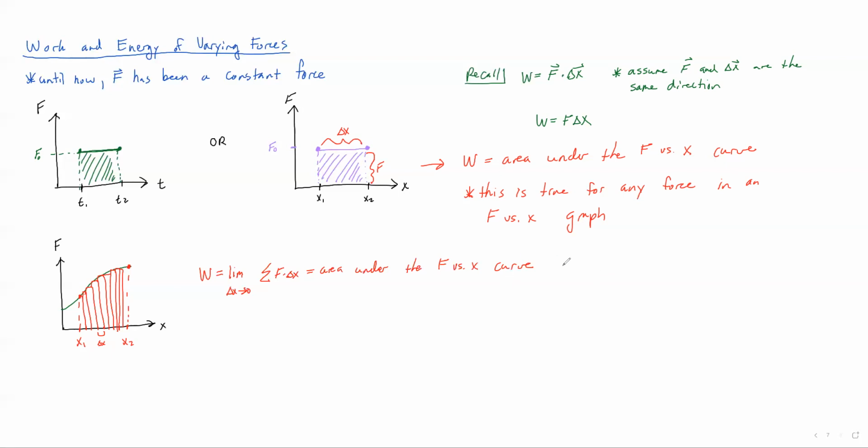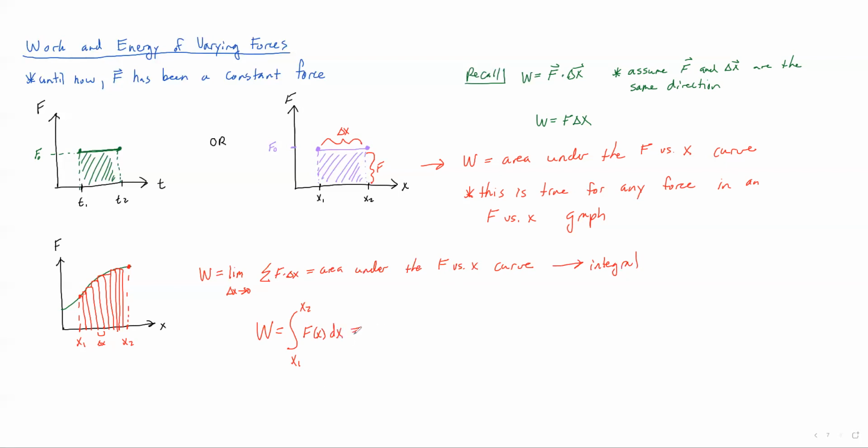All right, well, you know what this is. This is an integral. Using a Riemann sum, we're getting the area under the curve. So what you can say is the work, if you have something that changes with x, is simply the integral from x1 to x2 of f of x dx.